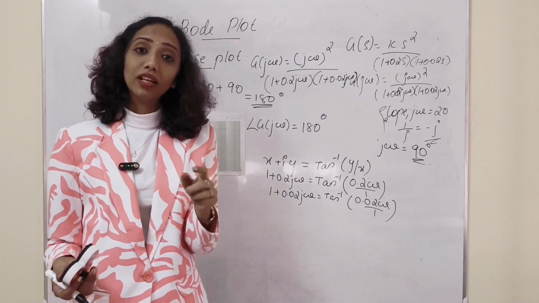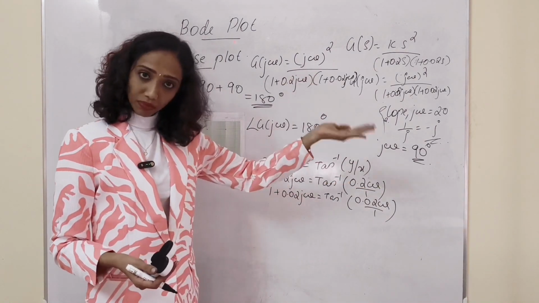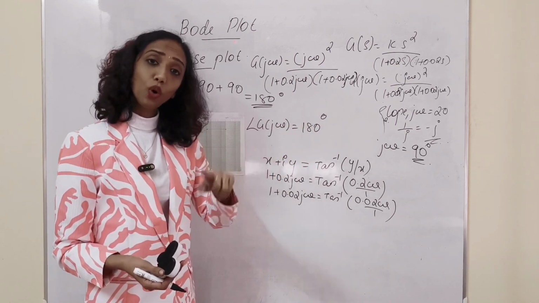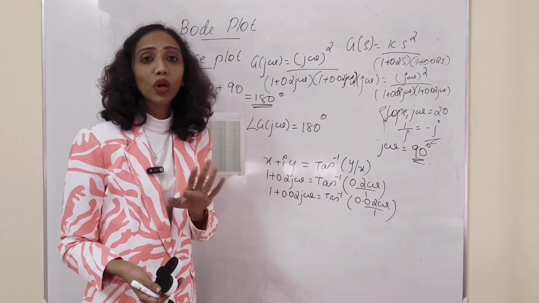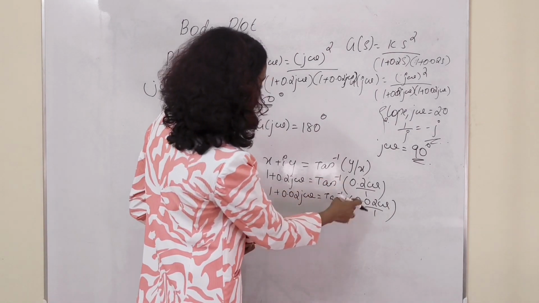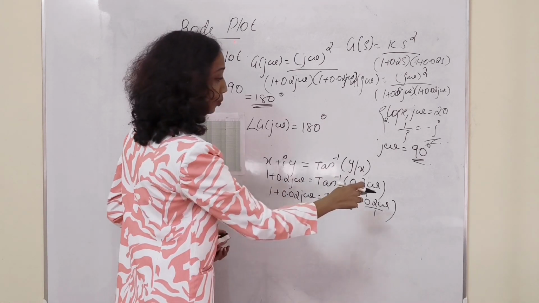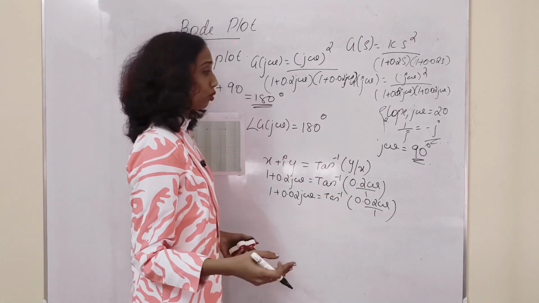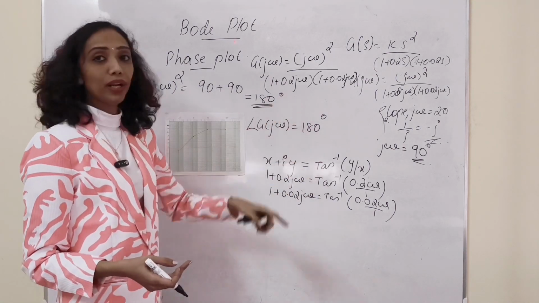If you choose the higher value as 80, you can choose values from omega L up to 80. And all these terms are in the denominator.